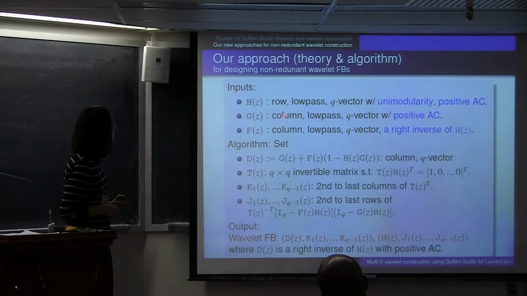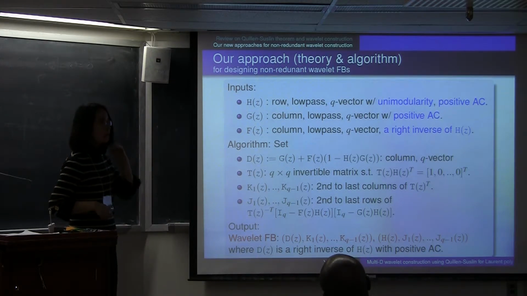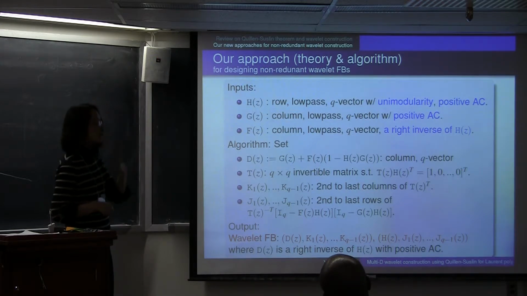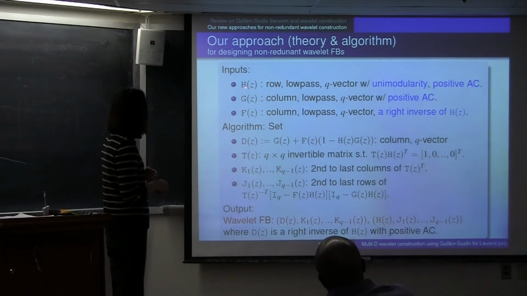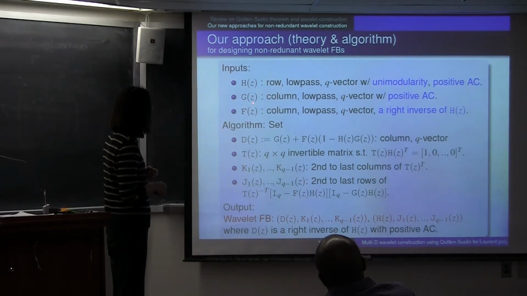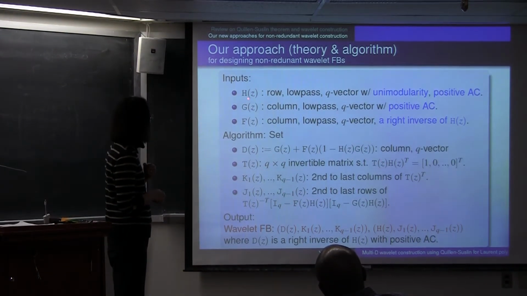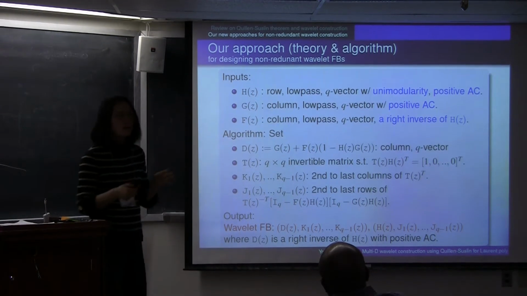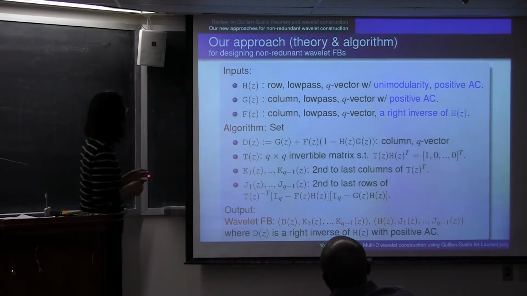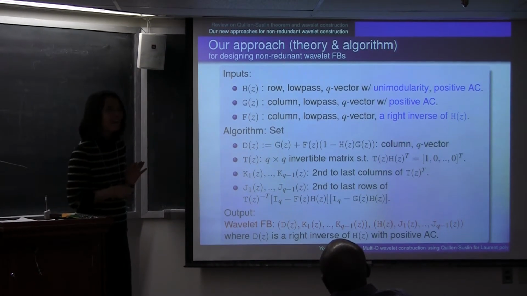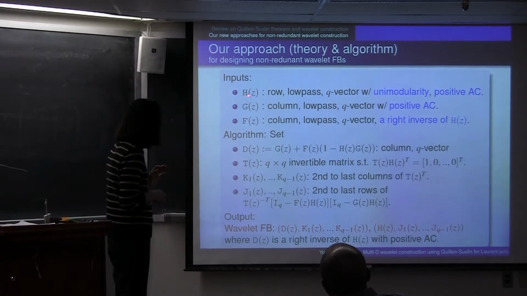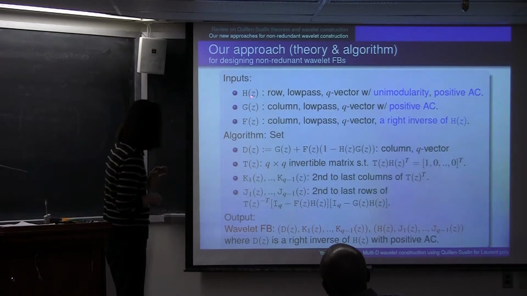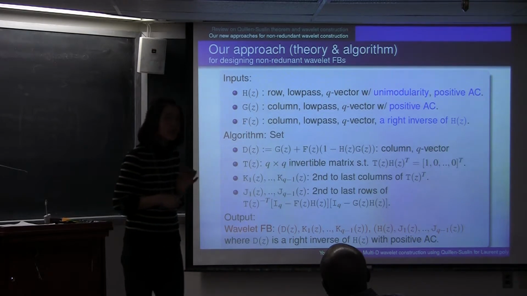If you are willing to take wavelet filter banks, you do not worry about having 2 vanishing moments, 3 vanishing moments, larger than 1. So you just start from 3 vectors consisting of Laurent polynomials. Each of them has different roles. So H of Z has unimodular properties with positive accuracy.